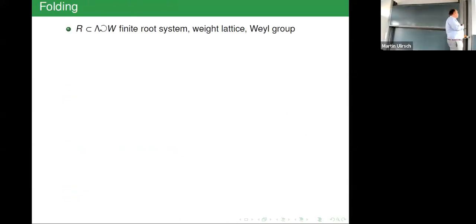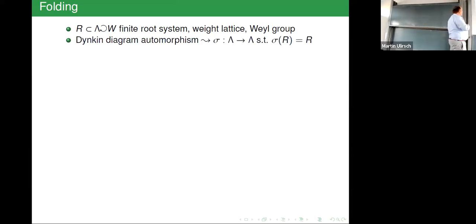So let's do this folding. The folding is a process where, starting with the root system and what is called the linking diagram automorphism, we will produce another folded root system. So we have the same setup, but now we have a linking diagram.